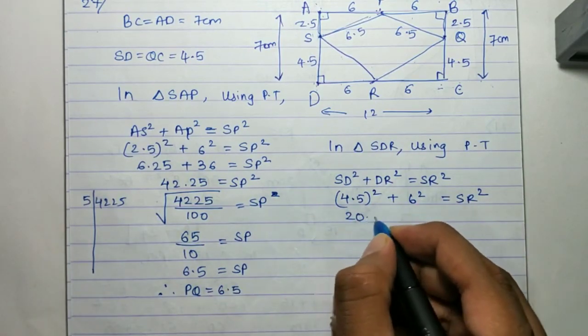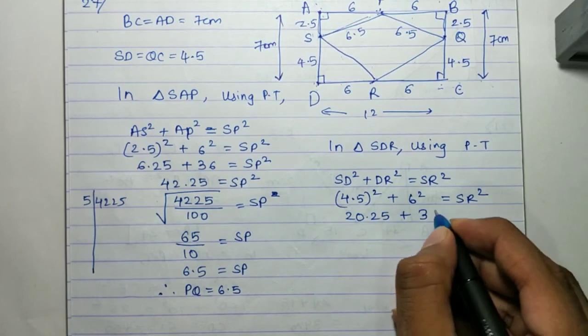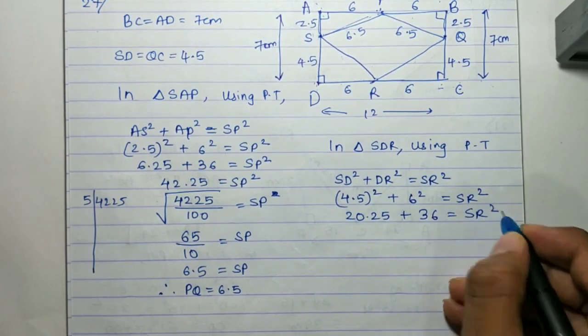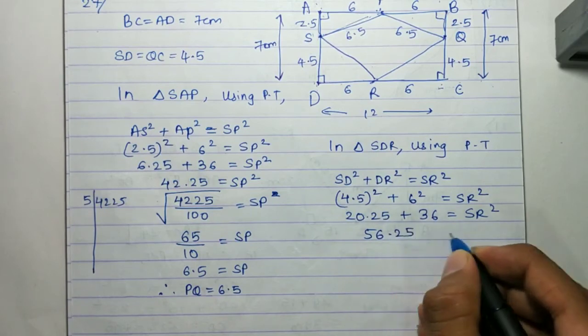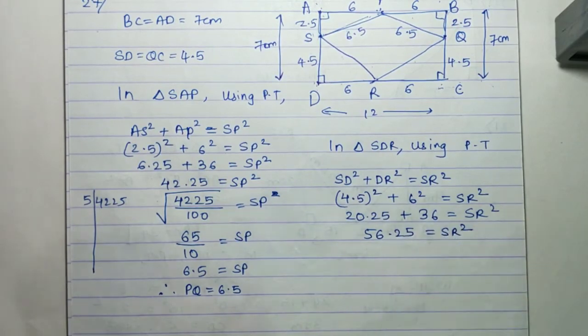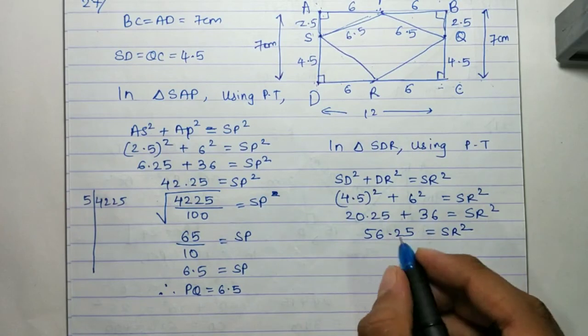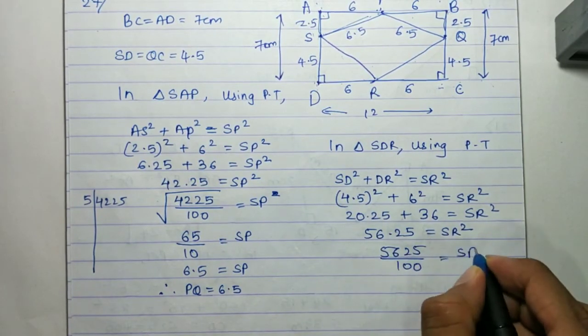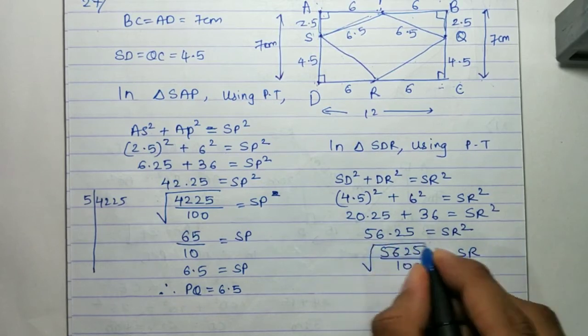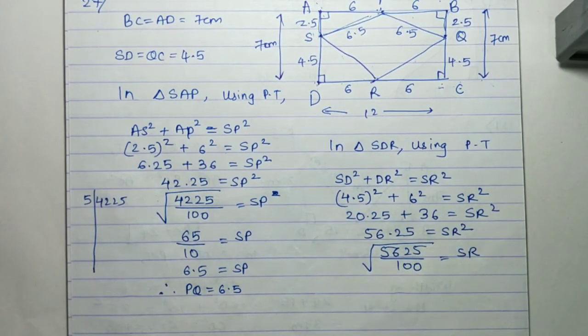Now this is 20.25 plus 36 equals SR square. So this will be 56.25 equals SR square. So 56.25 can be written as 5625 upon 100 again, and SR will be the square root of it.